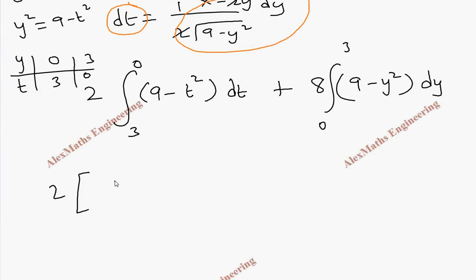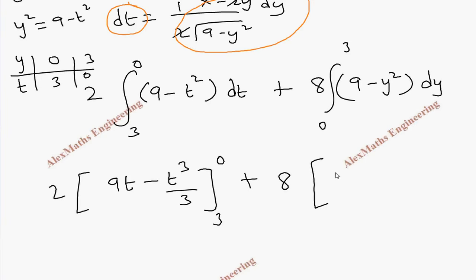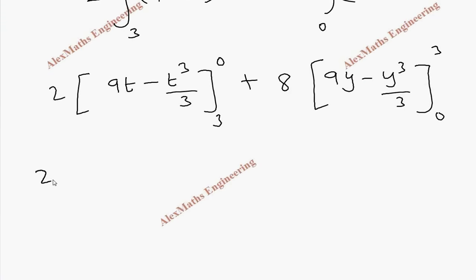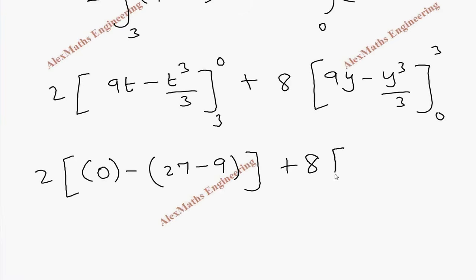This is 9t minus t cube by 3 from 3 to 0, and this is 9y minus y cube by 3, and this is from 0 to 3. When I apply the upper limit, everything is 0. When I apply the lower limit, it is 27 minus 27 by 3, which is 9, bracket close. And here when I apply the upper limit, it is 27 minus 27 by 3, which is 9.